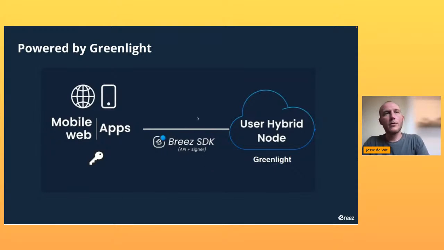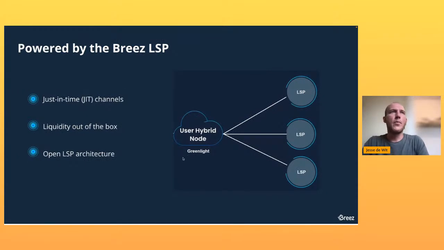So that's one part of the SDK, and the other main part is the LSPs, Lightning Service Providers. The LSPs connect your personal user node to the broader Lightning network. It's a liquidity provider for your user's node. So whenever you run out of inbound liquidity, but you want to receive a payment, the Breez SDK will request a just-in-time channel from your LSP.